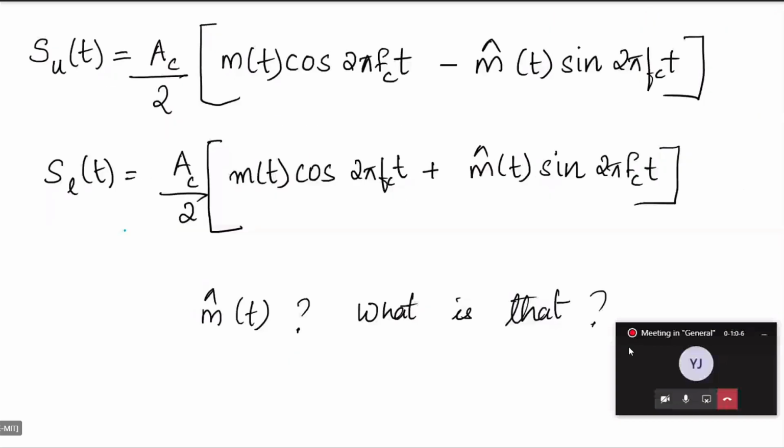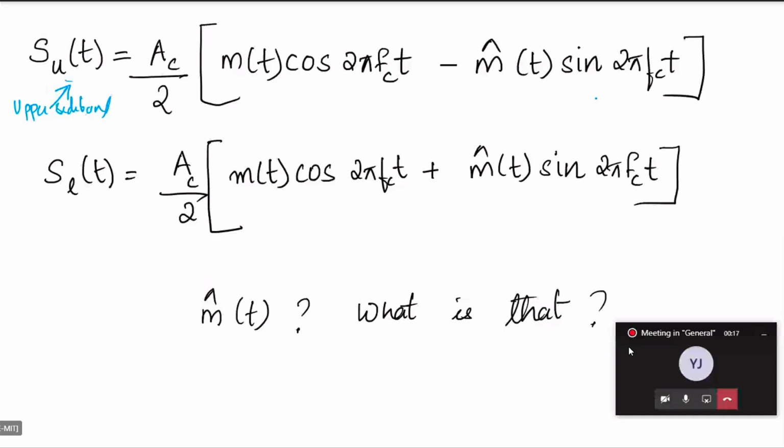So if SSB is using the upper sideband, the expression is Ac by 2 into [m(t) cos 2 pi fc t minus m cap(t) sin 2 pi fc t].